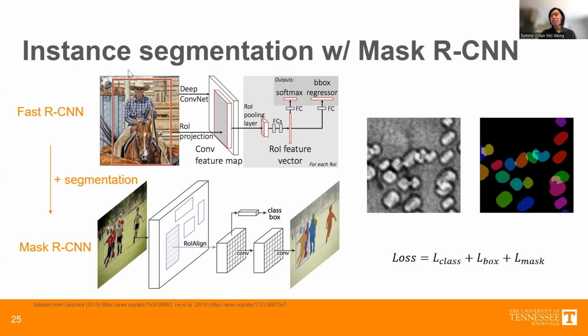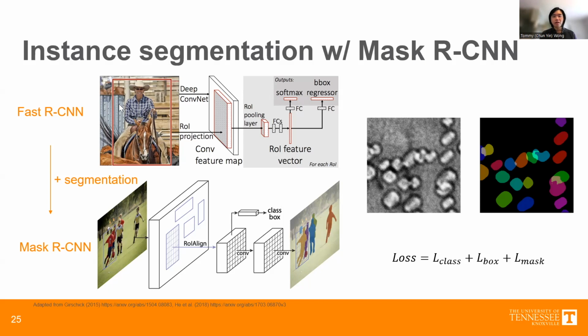So what the masked RCNN does is that for an image it takes in, it identifies a region of interest, so ROI. And from that region of interest, it gets the bounding box that surrounds the region of interest, and the class of the objects in that region of interest.